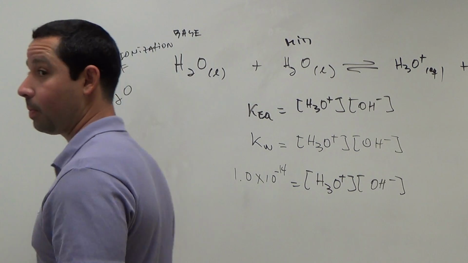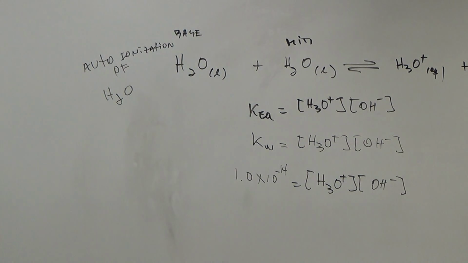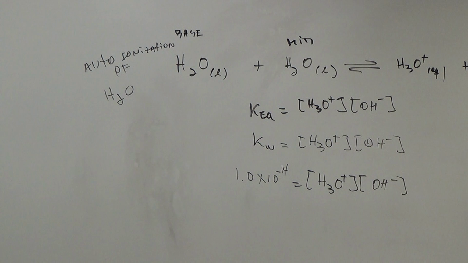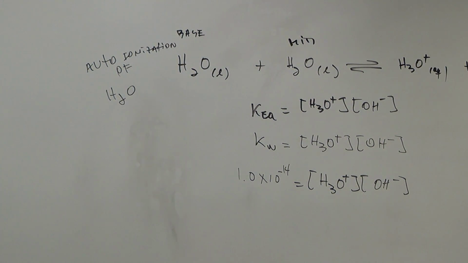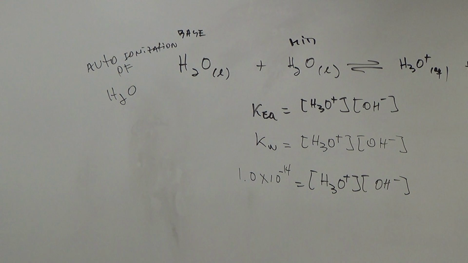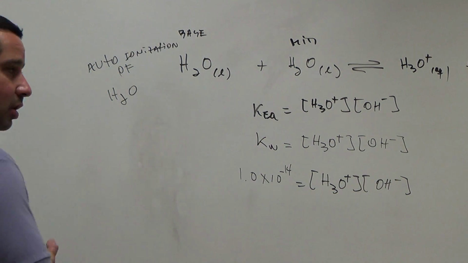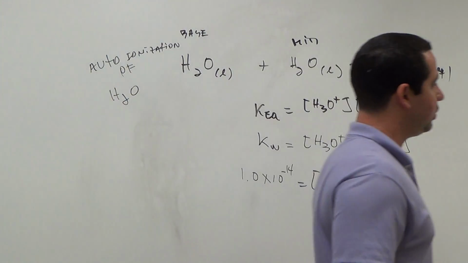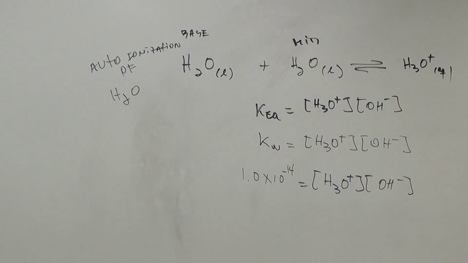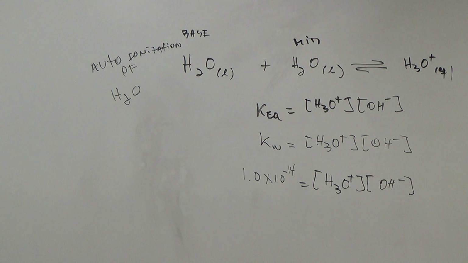How's that, guys? Cool. So if I were to give you the concentration of H plus, can you find the concentration of OH minus using that equation? Yes. If I give you OH minus, you can find the concentration of H plus using that equation. So let's do that.